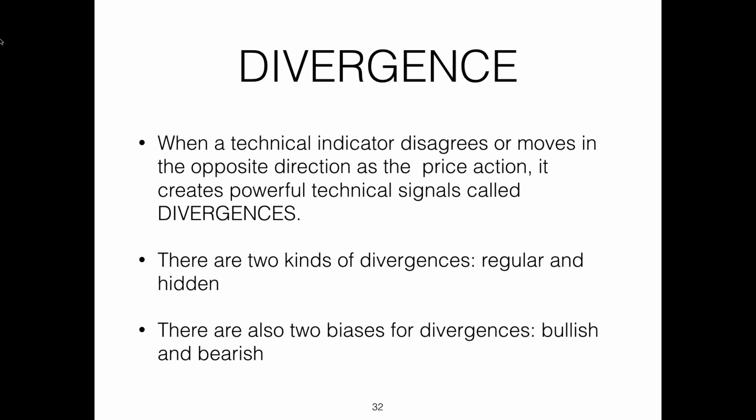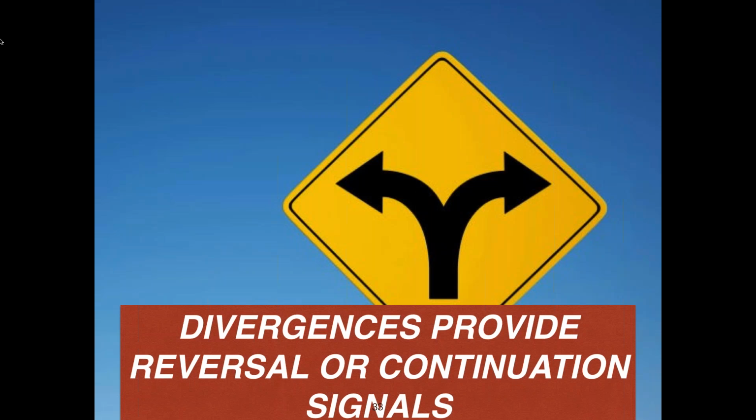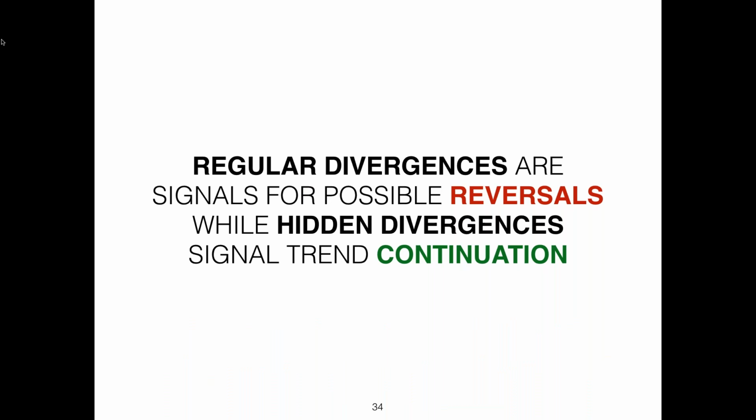There are two kinds of divergences, regular and hidden. There are also two biases for divergences. You have a bullish and a bearish divergence. So divergences provide reversal or continuation signals. Regular divergences are signals for possible reversals, while hidden divergences signal trend continuation.